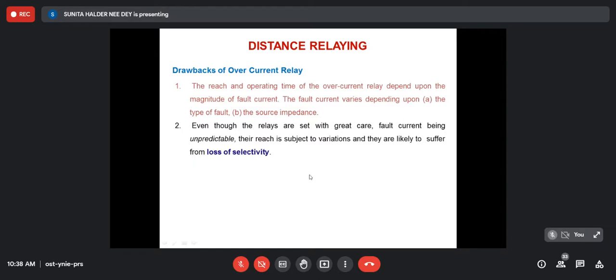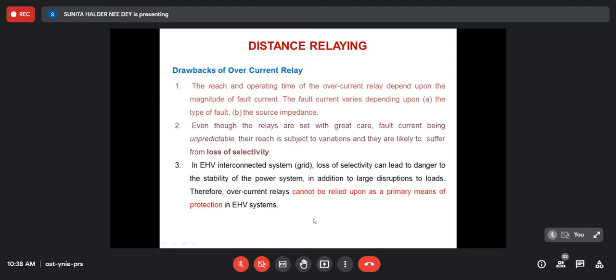So if we set it for a particular fault current for a particular fault point, it may not be useful for another fault point in the same line. So it will lose selectivity. Therefore, mainly for transmission line protection, it is very difficult to rely on the overcurrent relay, because a transmission line is very long, so the fault point may change over a very wide range.